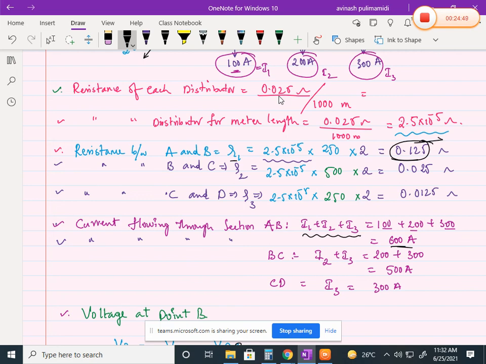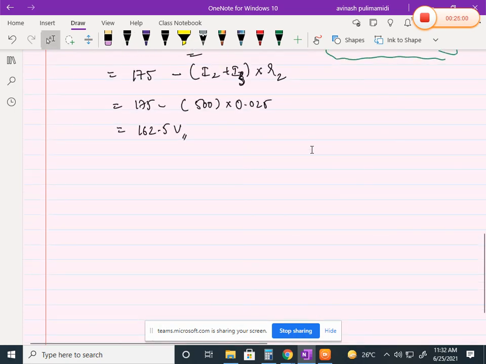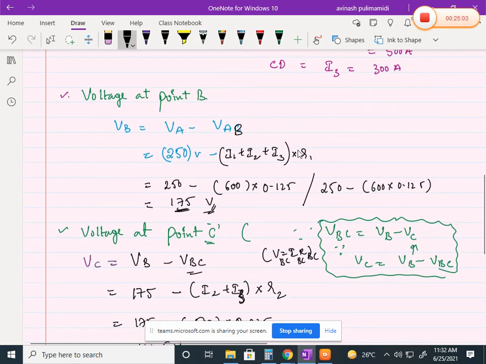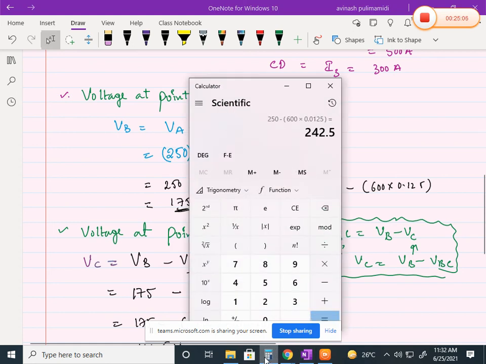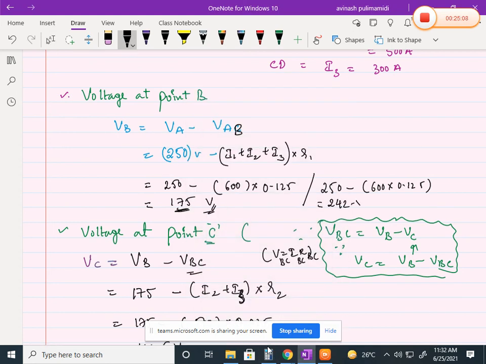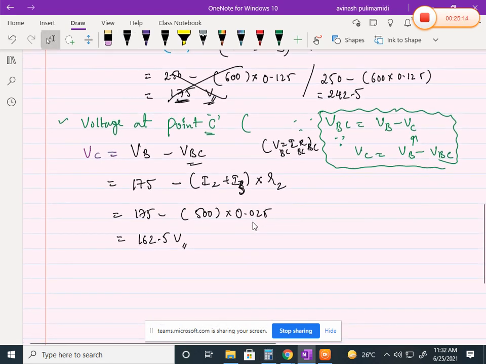Make this a correction: 0.0125. This and this are the same. So this will be 242.5 here, and here also 242.5.